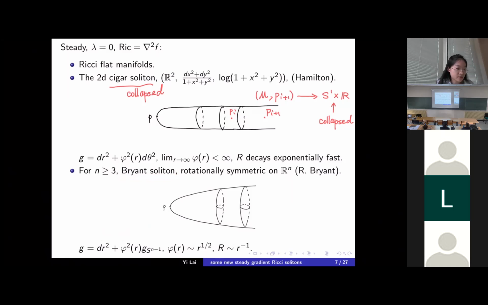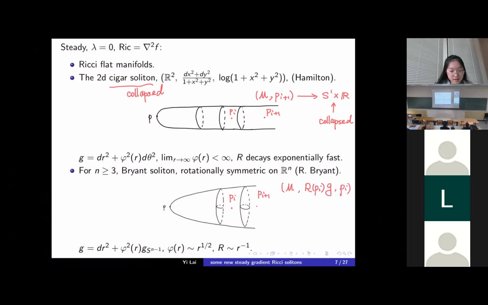Right. Okay, so you can easily check that this Bryant soliton is non-collapsed, because in this case, like before, we take a sequence of points going to infinity, and we consider this limit. But this time we'll have to scale it down by the scalar curvature, that is, scalar curvature times g centered at p_i.